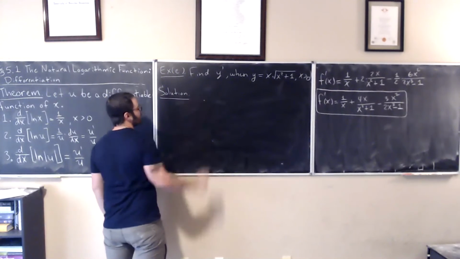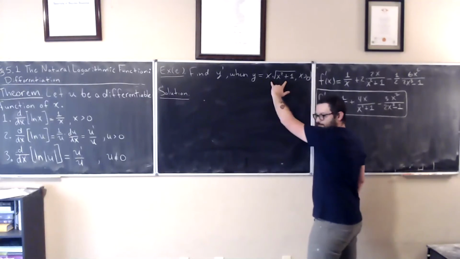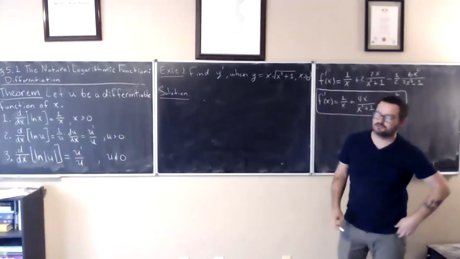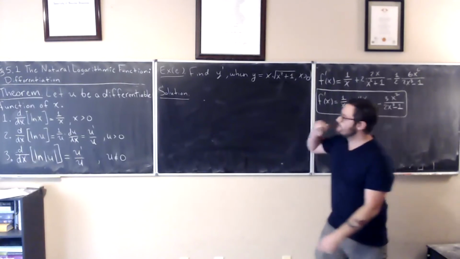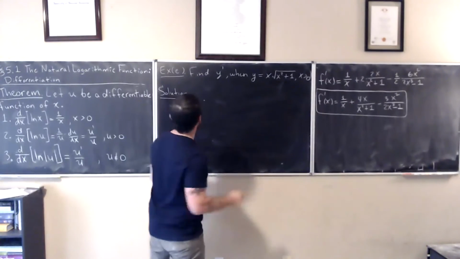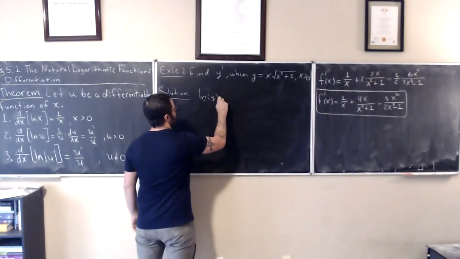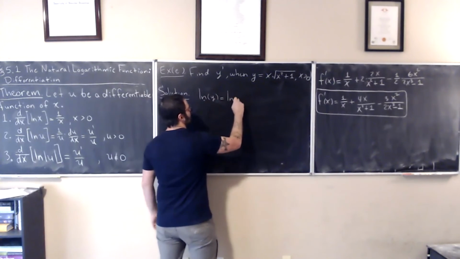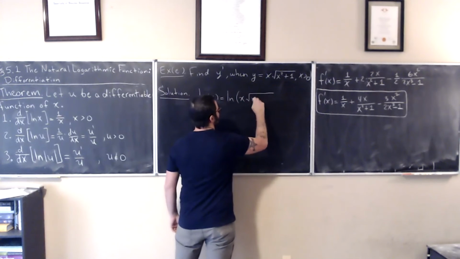But very carefully, you need to observe that it's non-negative. The natural log is not defined for negative inputs. So when we take natural log on both sides, you have to be very careful of that. So we take natural log of y is equal to natural log of x times root x squared plus 1.